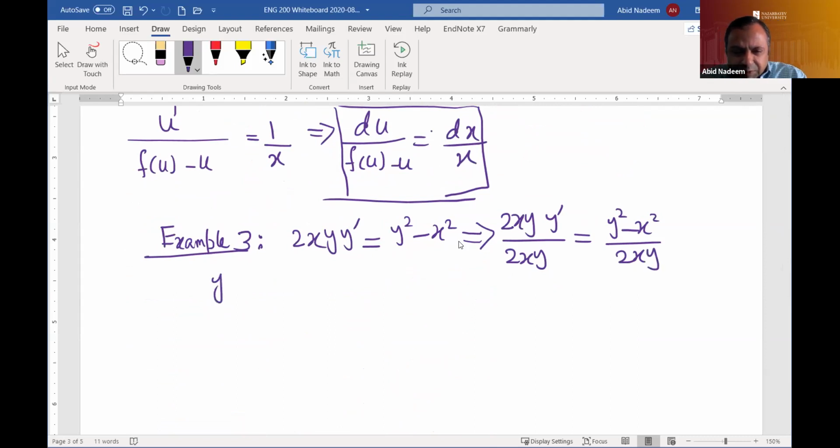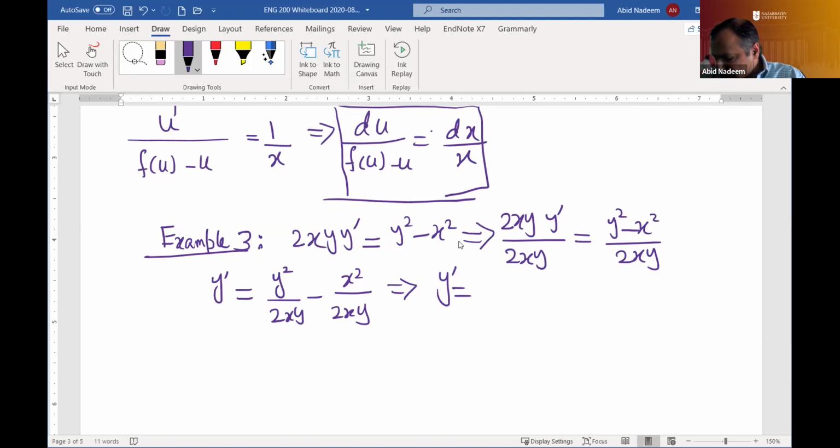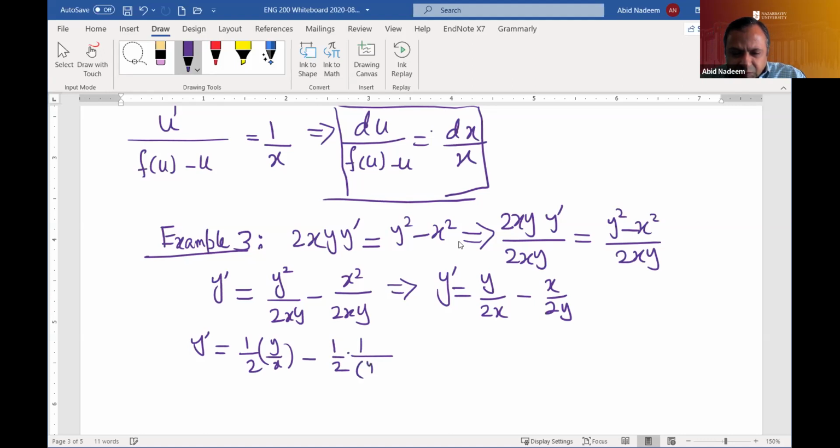So y prime is equal to y square over 2xy minus x square over 2xy, or in other words, y prime is equal to y over 2x minus x over 2y. Or we can also write it like this: y prime is equal to 1 over 2 times y over x, minus 1 over 2 into 1 over y over x.